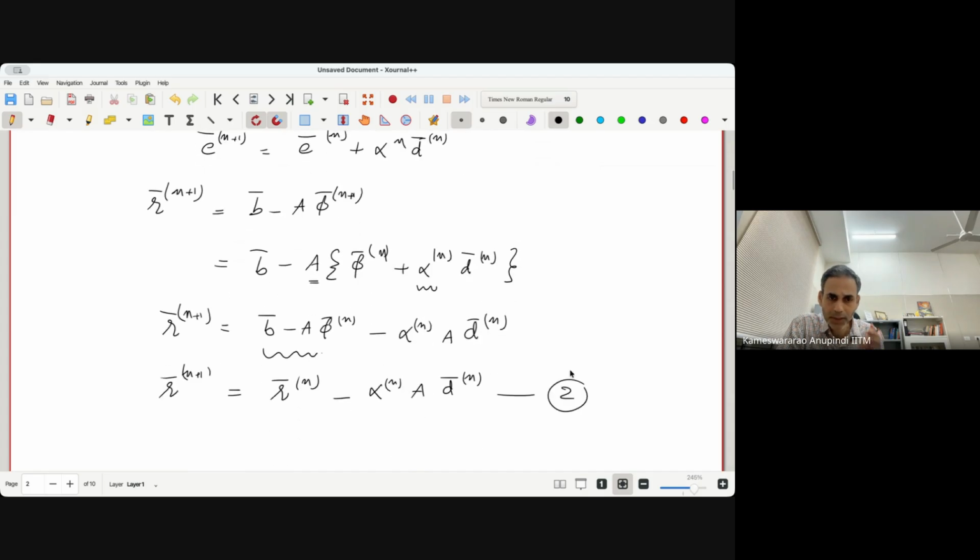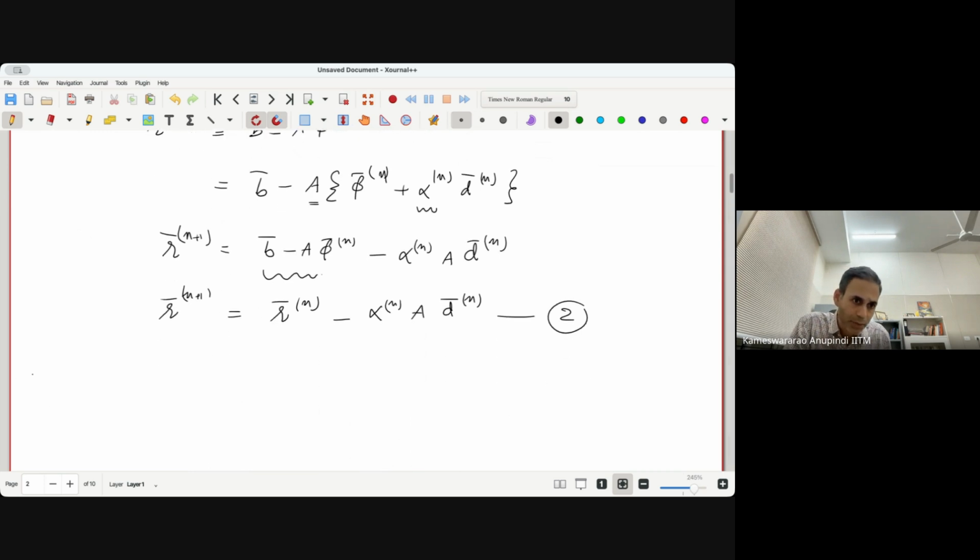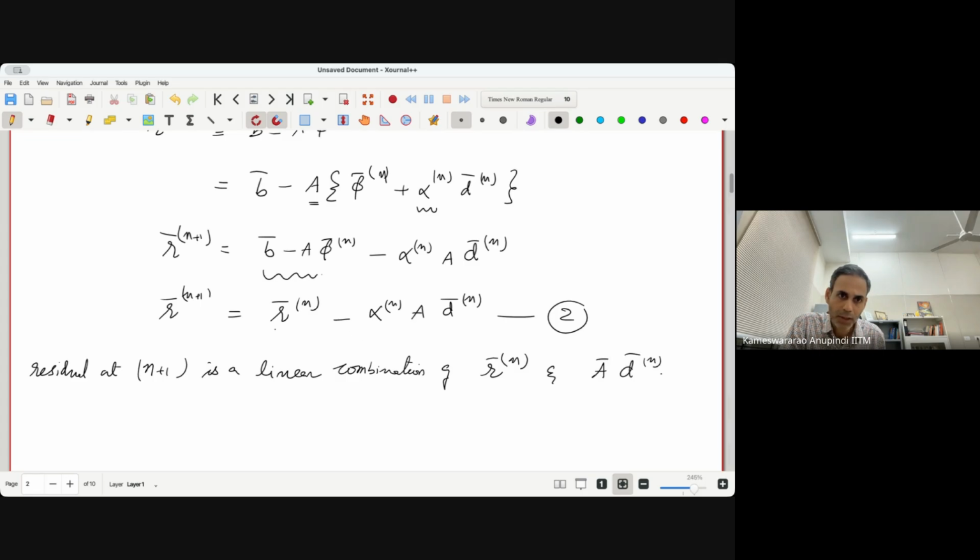Essentially this equation is now relating the residual at level n plus 1: it is a linear combination of the residual at n and A times dn. That is all it is saying, because you have Rn and A times dn.